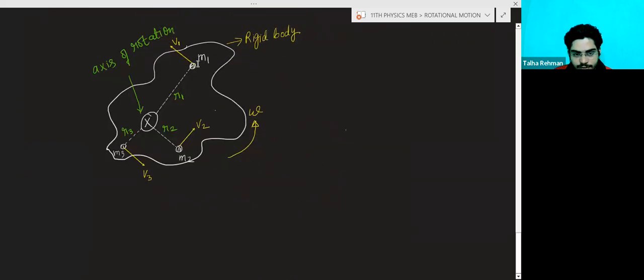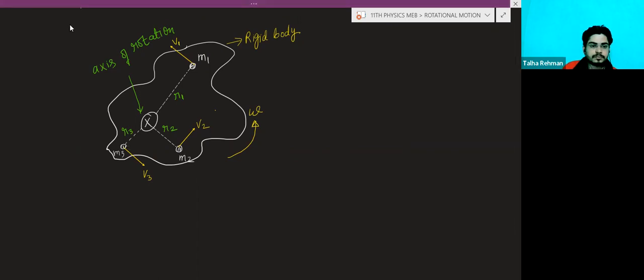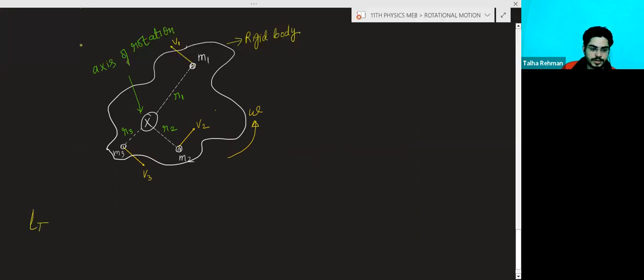First, we will calculate the angular momentum of mass 1 about this axis, because the body is rotating about this axis. Then for mass 2, we will calculate the angular momentum about this axis, and then for mass 3. The total angular momentum we will calculate vectorially.